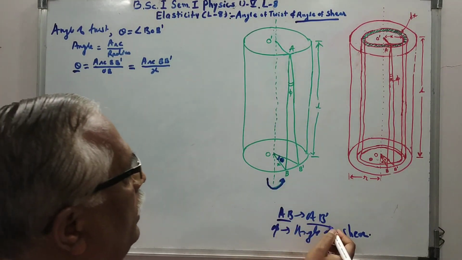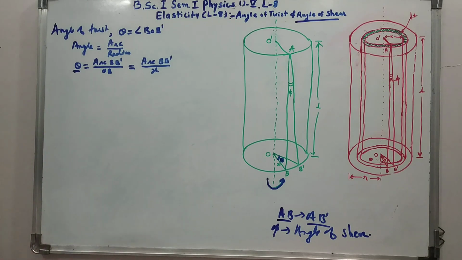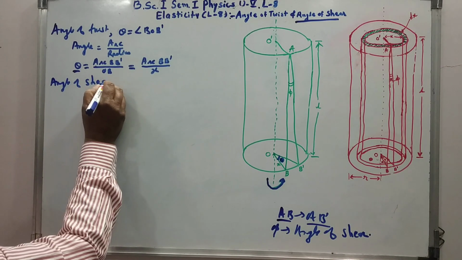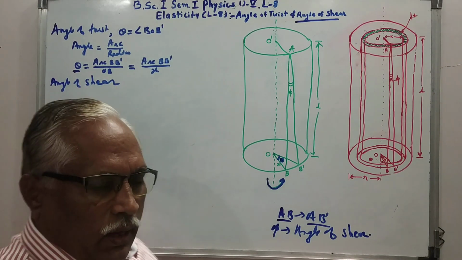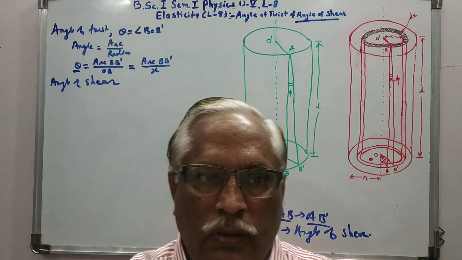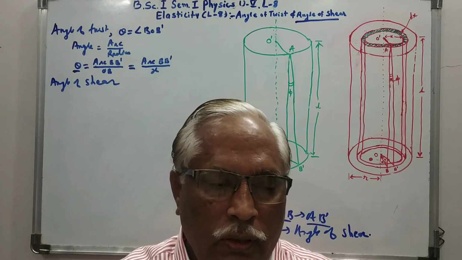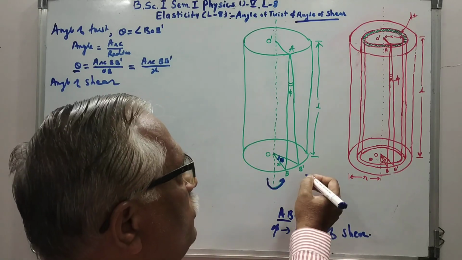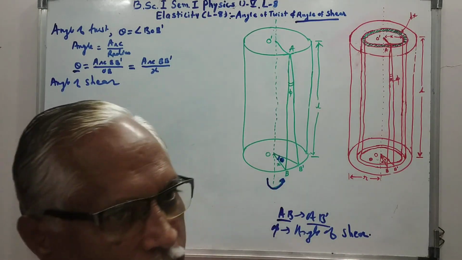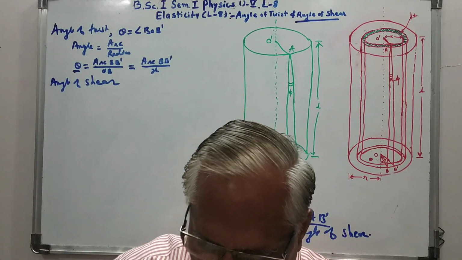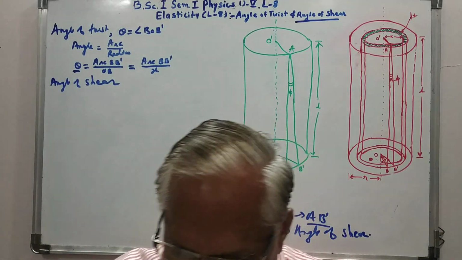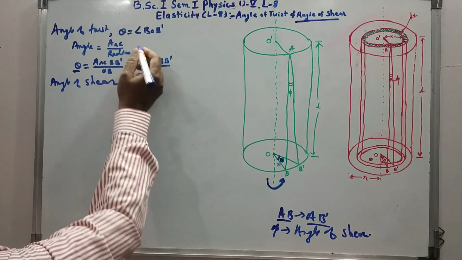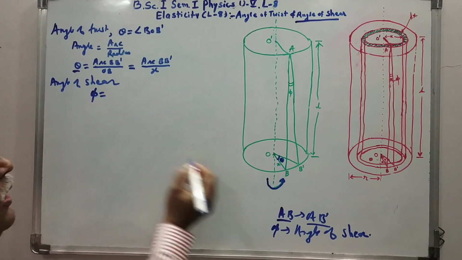It is defined as the angle through which the rim of the cylinder is sheared. This angle of shear is phi, and phi means the angle BAB dash.